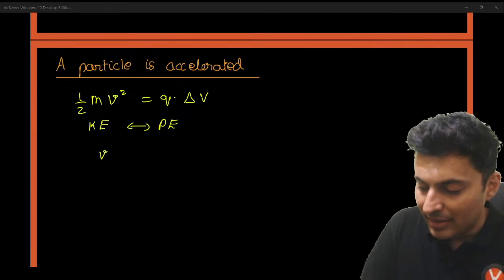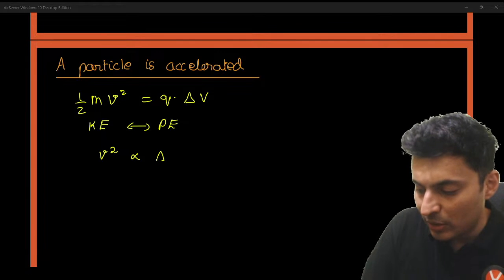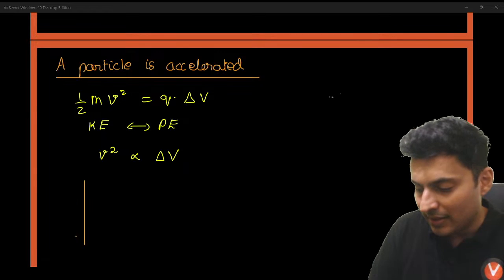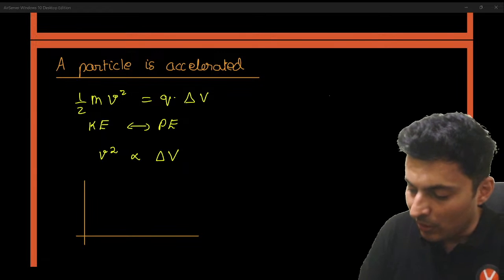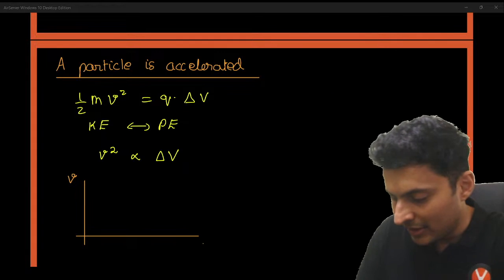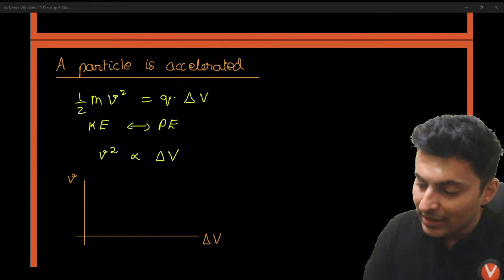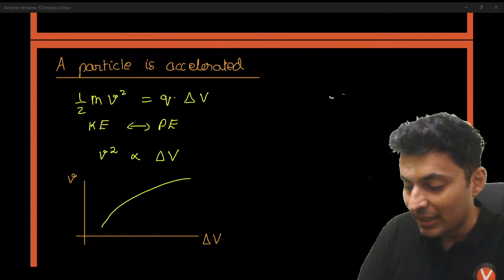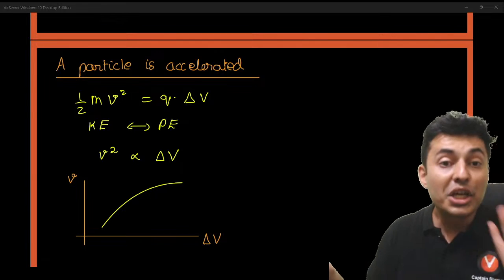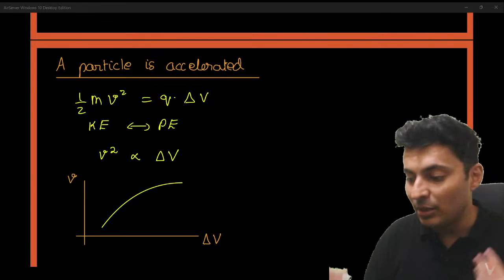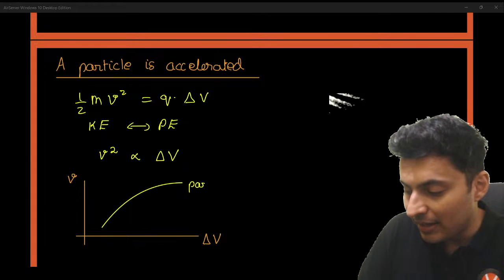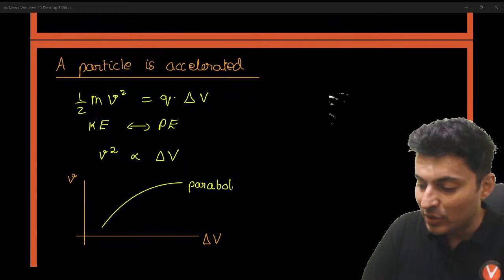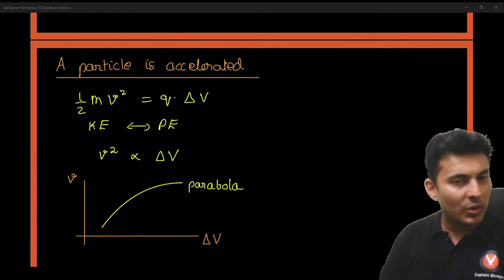Therefore, the speed square will be directly proportional to the voltage difference. So if somebody draws the graph of velocity versus voltage difference, because v square is proportional to delta v, it will be a curved graph. It will be a parabola, because it is quadratic. Keep this in mind. Okay?